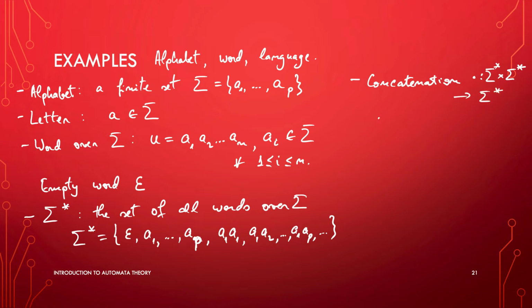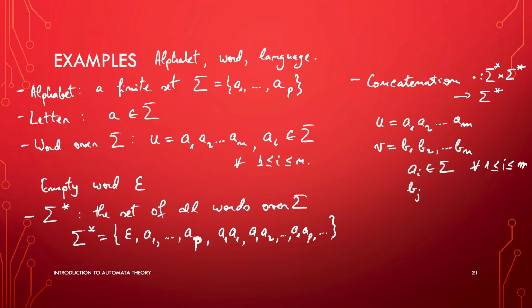It is defined like this: if u is, say, a1, a2, ..., am, and v is another word, say b1, b2, ..., bn, where the ai's and bj's are letters, then the concatenation u dot v, and very often we are even going to skip this dot when it's clear that you have a sequence of letters, is exactly what intuitively you would expect.